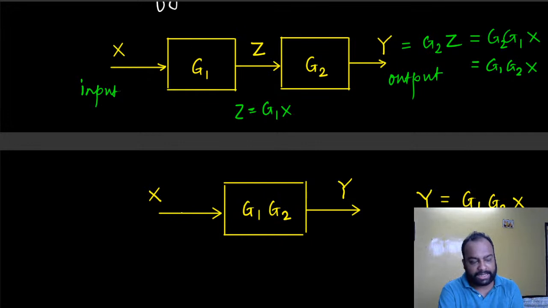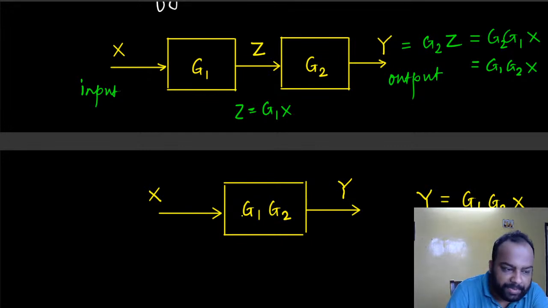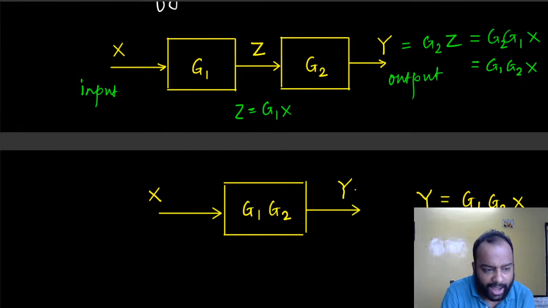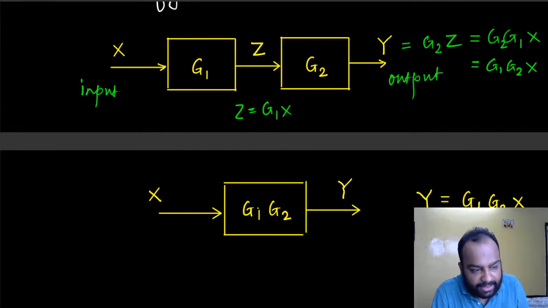Because very simple, if X is the input to this system and Y is the output from this system, then of course Y is going to be G1, G2 into X, because G1, G2 is the transfer function for this system and input is X. Of course, very simple, right? This gets multiplied with the input, as simple as that. So this is the equivalence for a cascade configuration, right? If you have two transfer functions cascaded, that is something you can have.